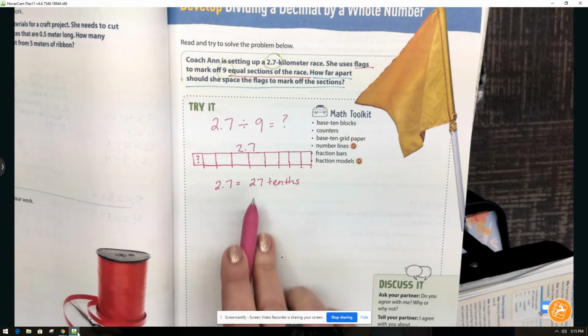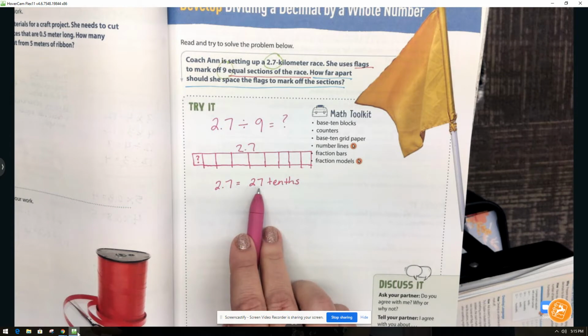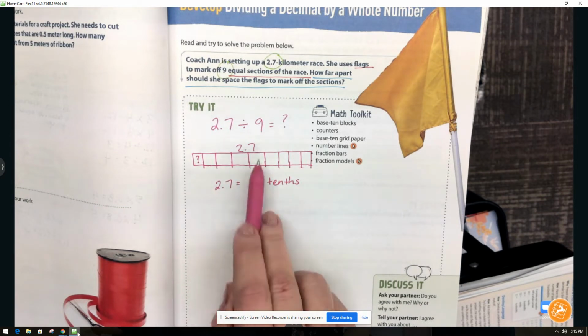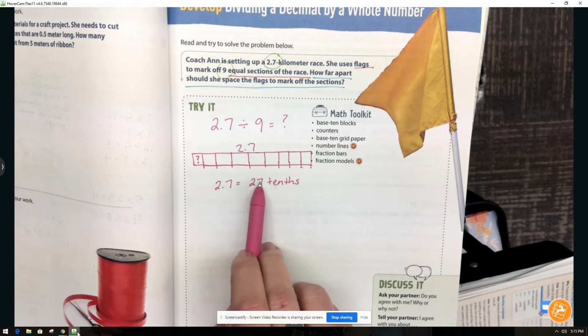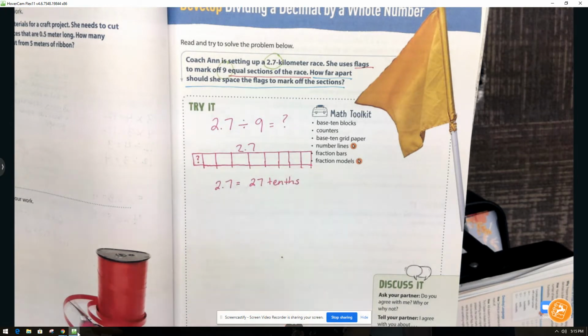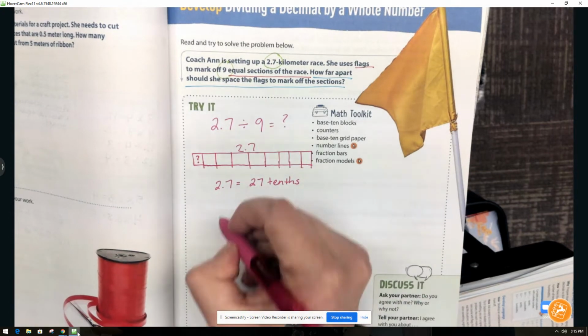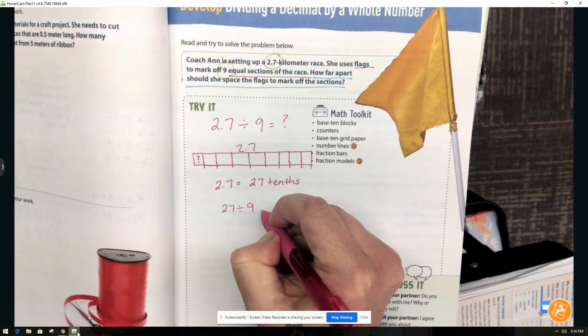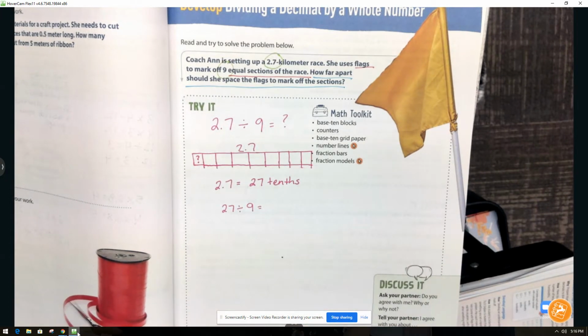So if we know that we have 27/10, we want to take those 27/10, because that's 2 7/10, and divide them into 9 equal parts. So what is 27 divided by 9?